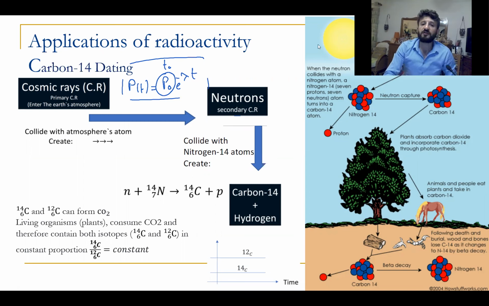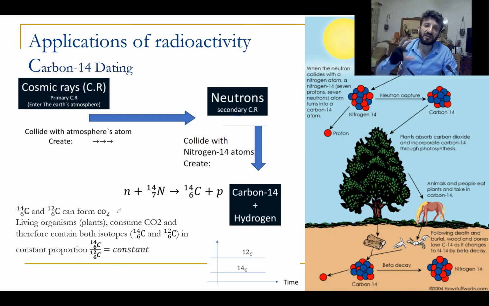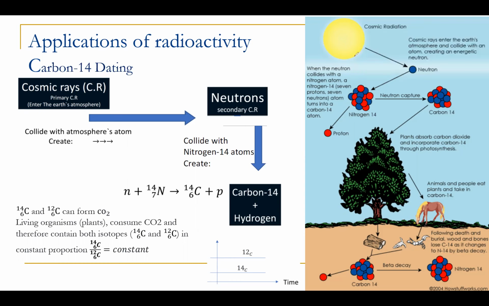Before that, let me explain the creation of carbon in the atmosphere. Why do we have a constant value of carbon in the atmosphere? We have to understand very well the creation of this quantity of carbon in the atmosphere. First of all, we have a cosmic radiation in the outer atmosphere, in the planets. It's called primary cosmic radiation.